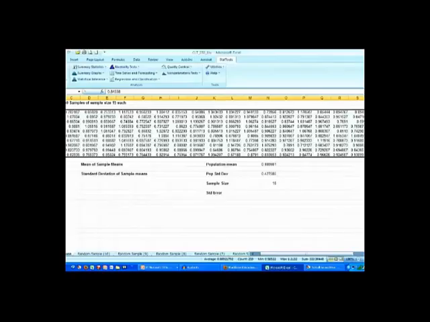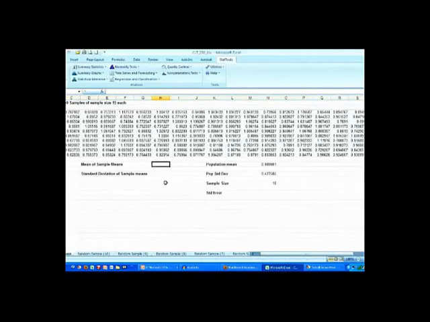So what is the mean of our sample means? I've recorded over here, by the way, the population mean and the population standard deviation that come out of our original list of times, just for comparison. So what's the mean of our sample means? I'll just use the average formula on my array of sample means. So I'll say equals average, and then I'll select all 250 of my values.